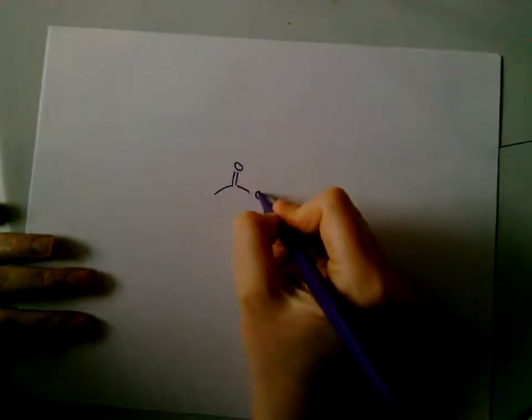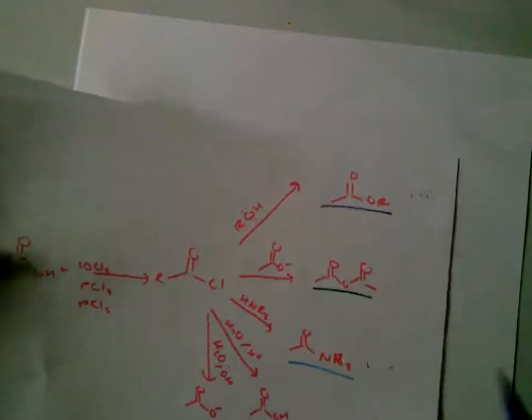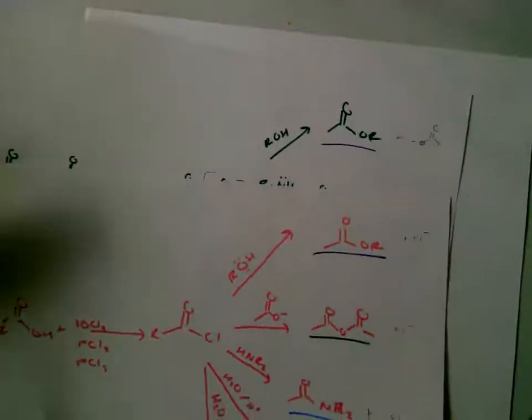Okay, so the next thing is an ester. So you actually know a few ways to make an ester. We went over two of them already. One is to react an acid chloride. One is to react an acid anhydride.